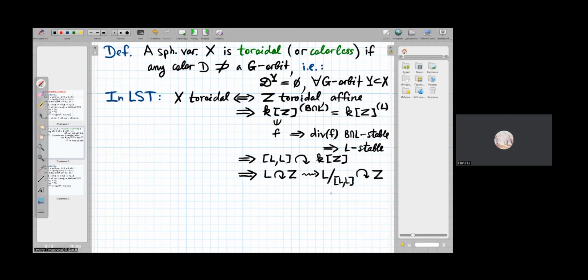And this quotient subgroup is a torus. So this means that Z is a toric variety.